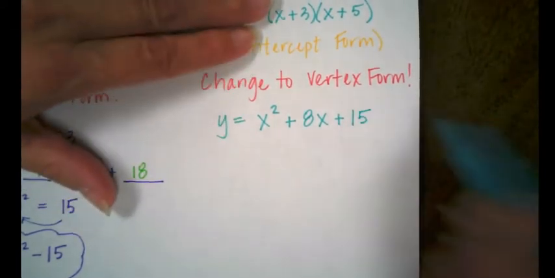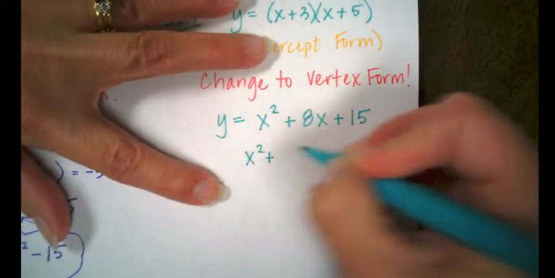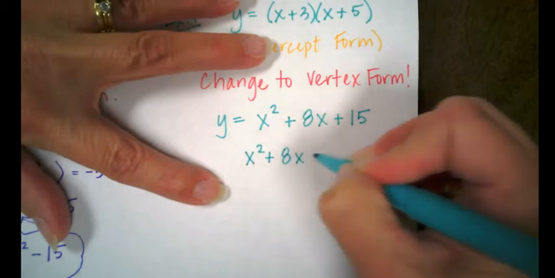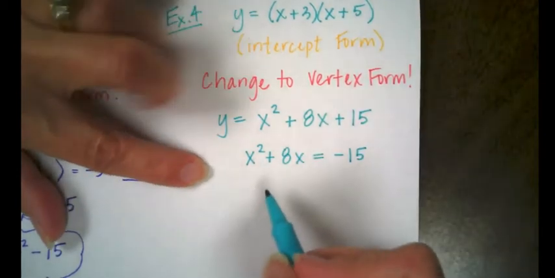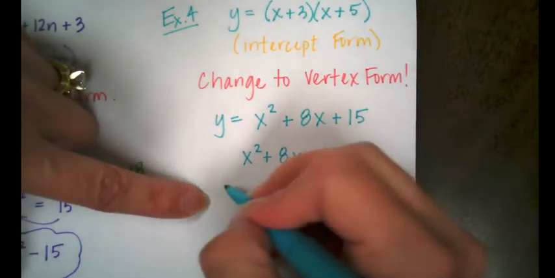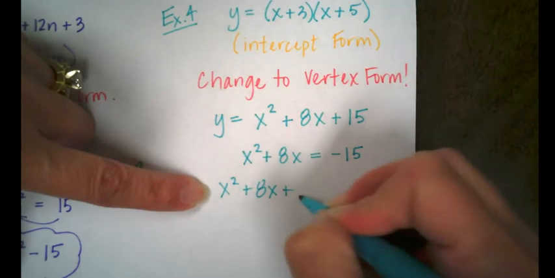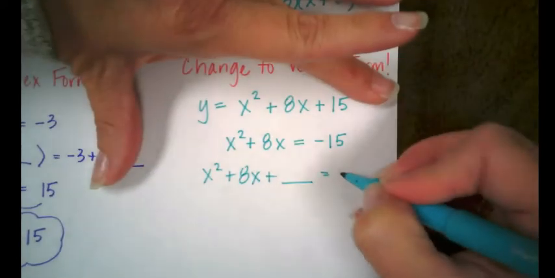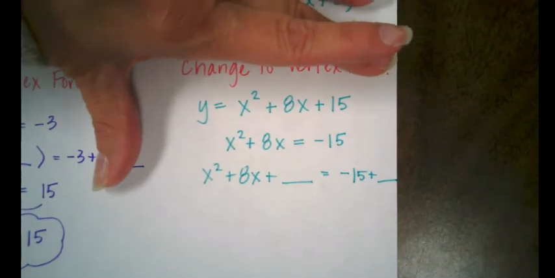First thing we need to do is get that 15 to the other side. So that's going to be x squared plus 8x equals negative 15. We do not have a leading coefficient, so we can just fill in the blank: negative 15 plus blank.